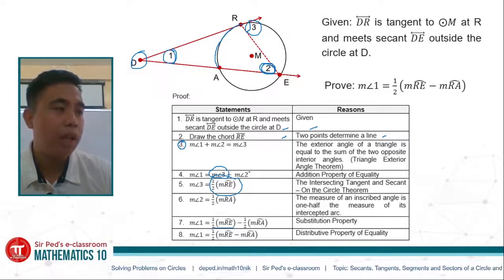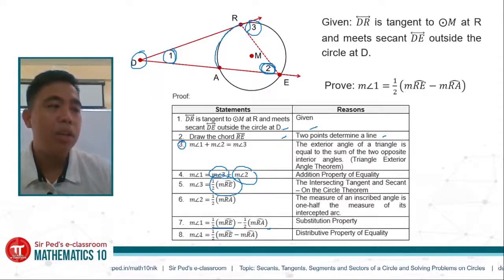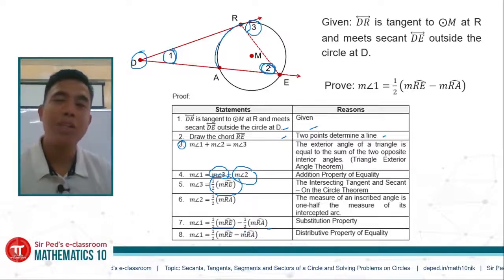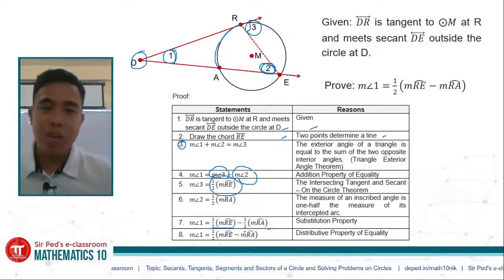So, we have that. And angle 2 is 1/2 the measure of RA by substitution. By distributive property, factor out 1/2, then the measure of angle 1 is equal to 1/2 of the measure of arc RE minus the measure of arc RA. Okay, so we are done proving that theorem.